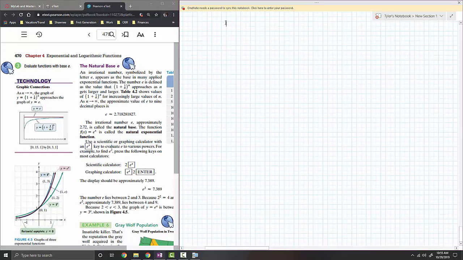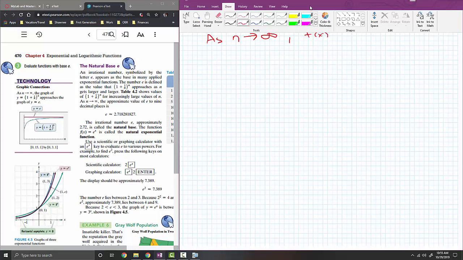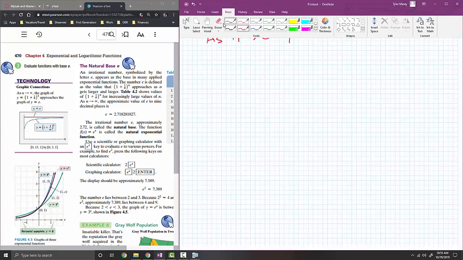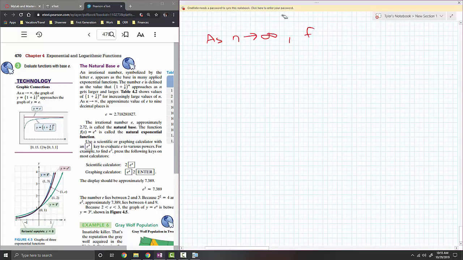Right? So in other words, what it's trying to show us is that as n approaches infinity, then f of n, if f of n equals (1 plus 1 over n) to the n, is going to approach e.